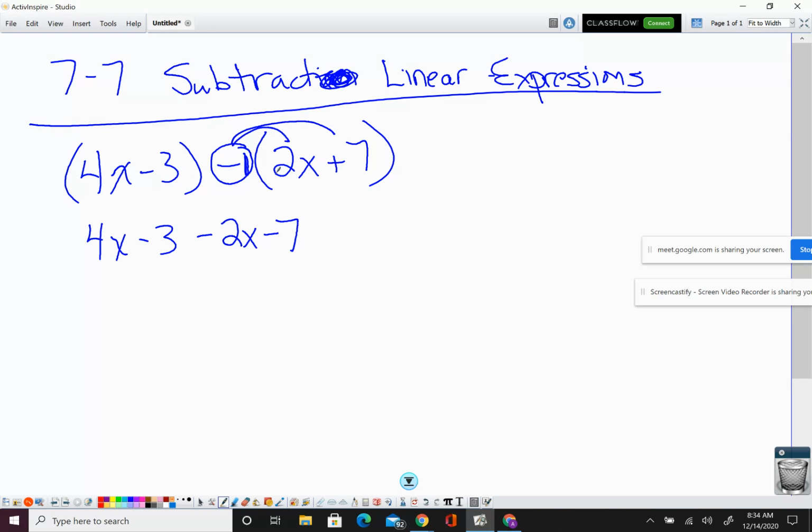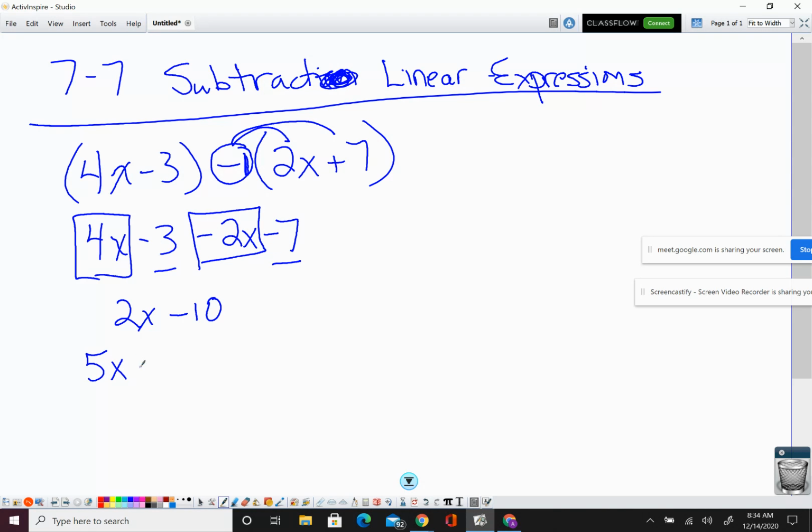So we're just taking the opposite of a positive 2x plus 7 and making it -2x minus 7. We're getting rid of the parentheses, and now it's just a matter of adding like terms together. So 4x minus 2x is 2x. -3 and a -7 is a -10, because you're always going to pay attention to the sign right out in front of the terms.